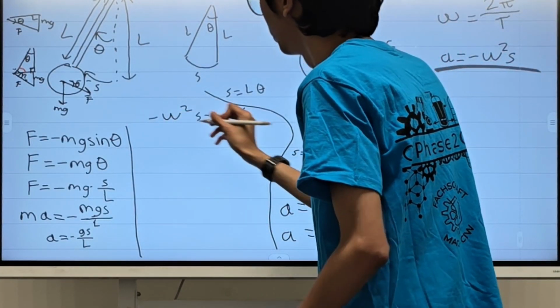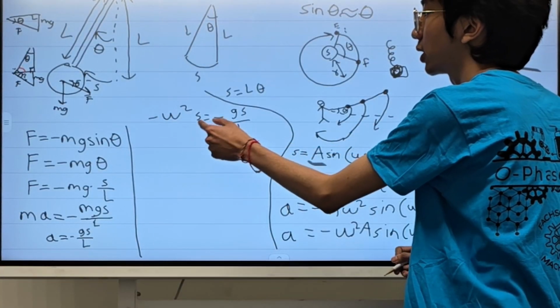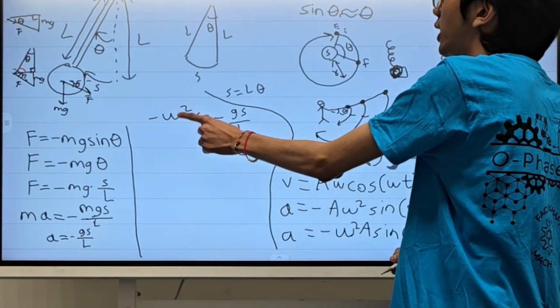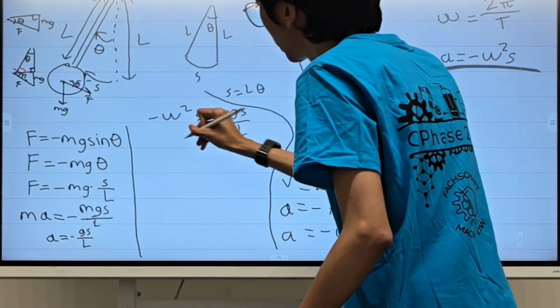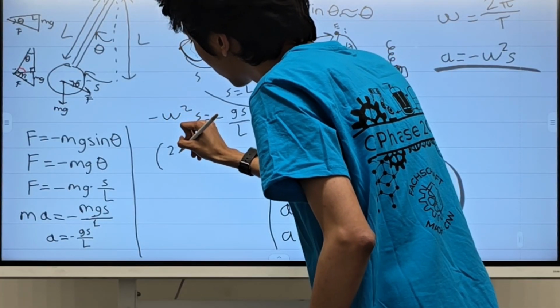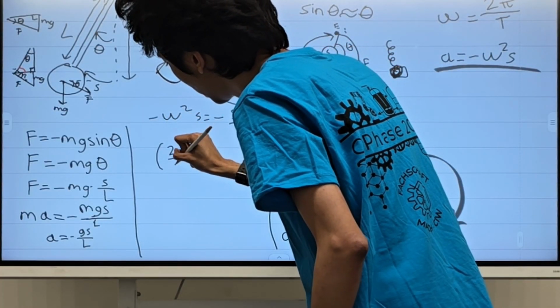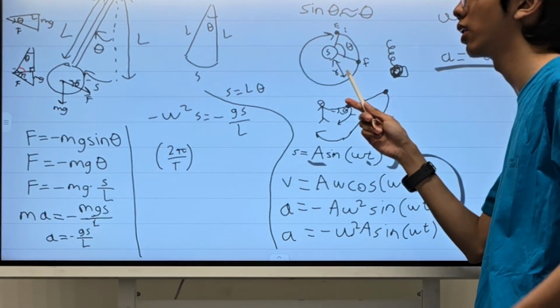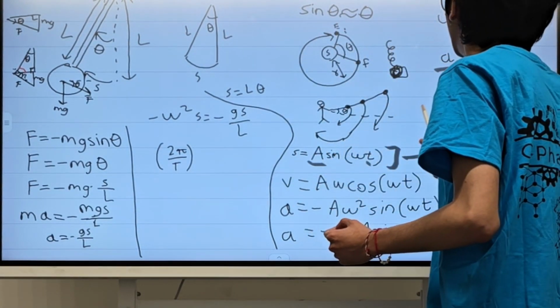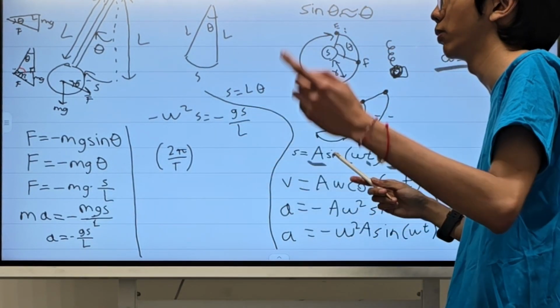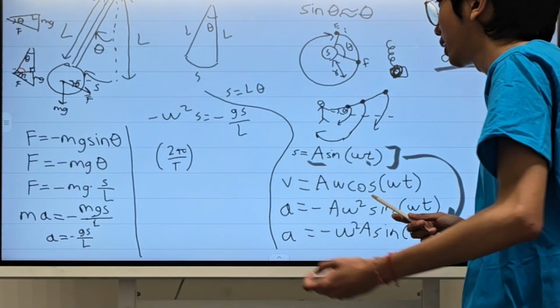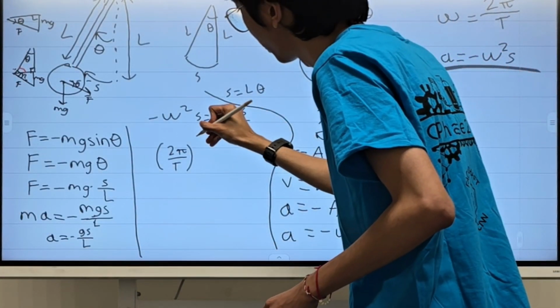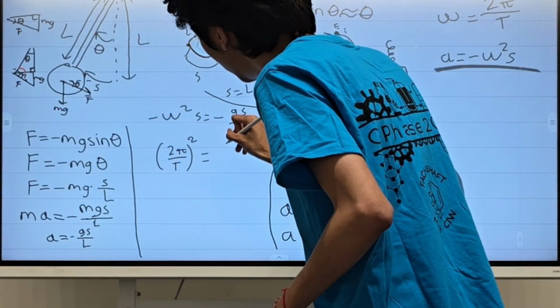So negatives also cancel out. We're basically dividing each side by negative s. We get 2 pi over T. This is where pi comes from, because one full circle of a circular motion is 2 pi. That is where pi comes from in our equation. Pi just appears out of nowhere, right? Amazing. The whole square is equal to g over L.